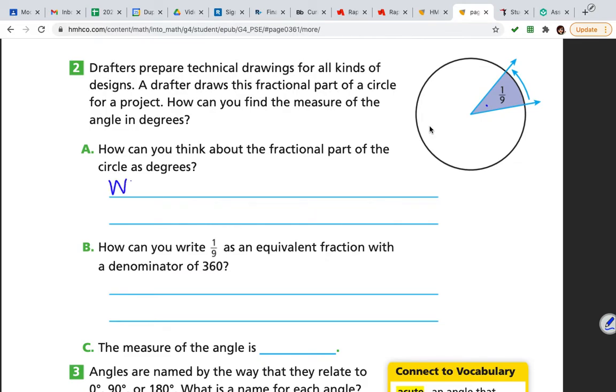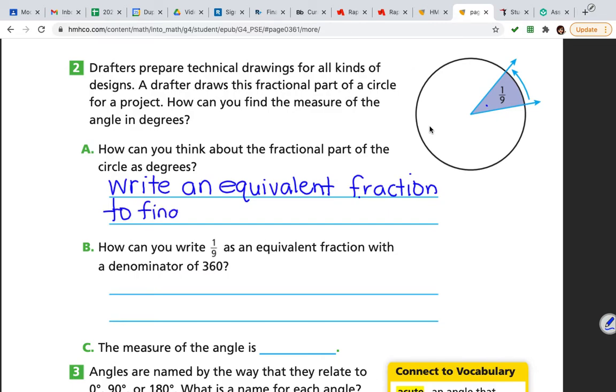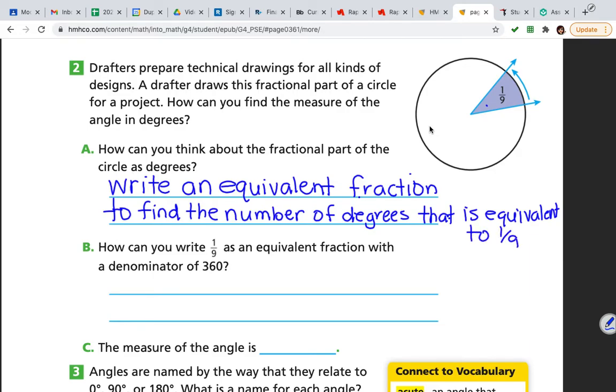So basically, this whole circle is 360 degrees.